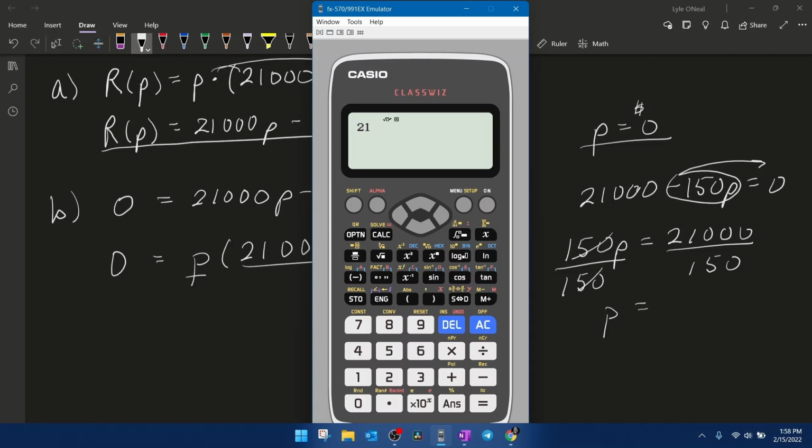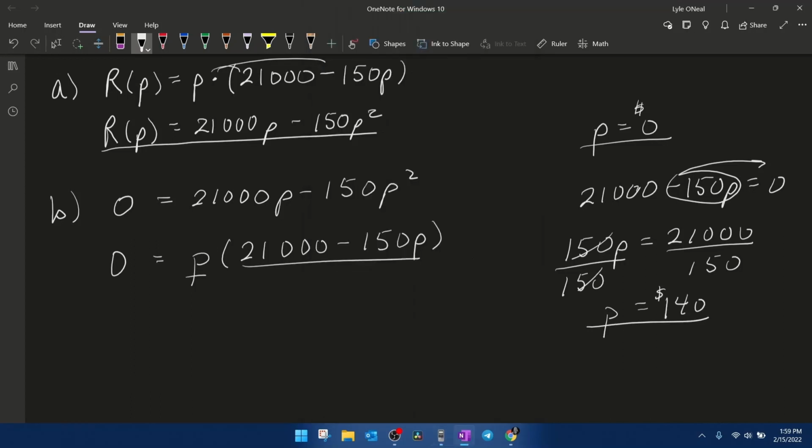So we've got 21,000 divided by 150 is 140. So I've got my lowest cost and my highest cost. Anything outside of these values would produce a negative revenue.